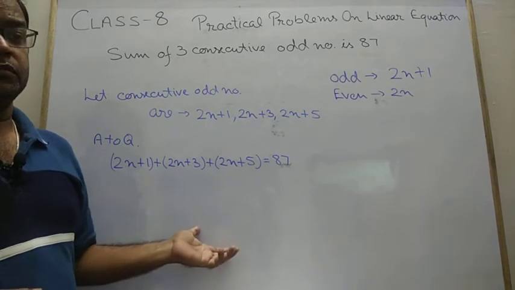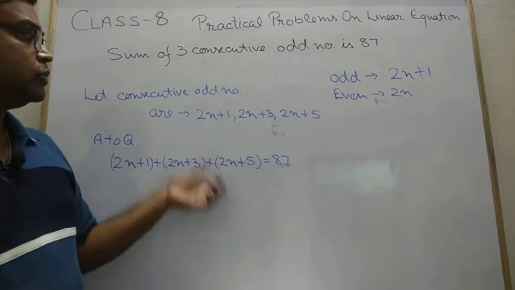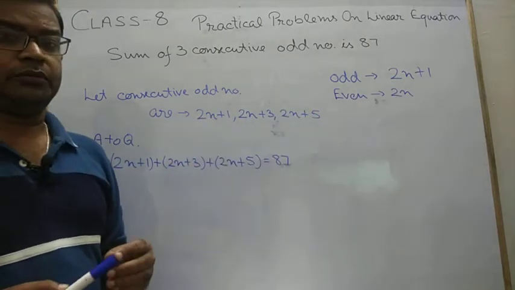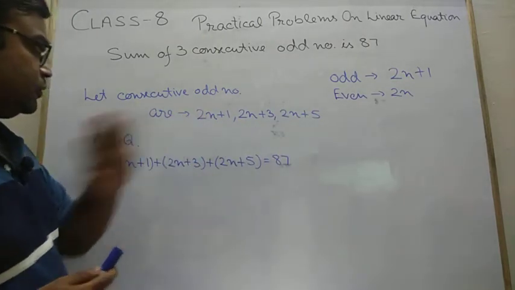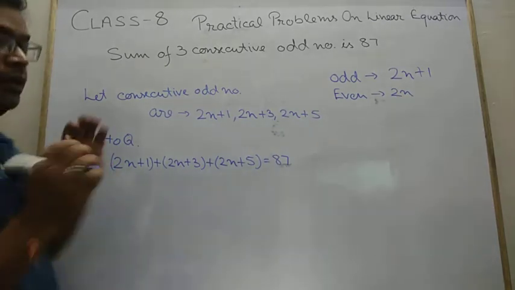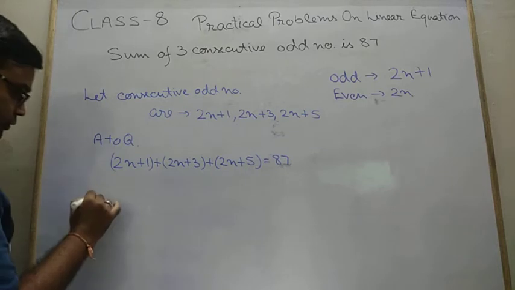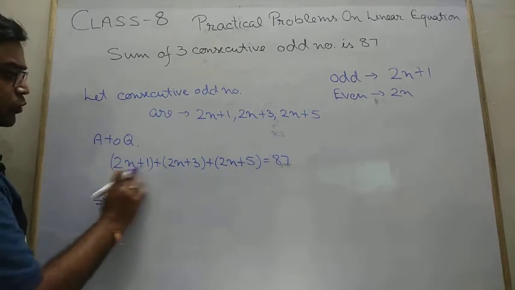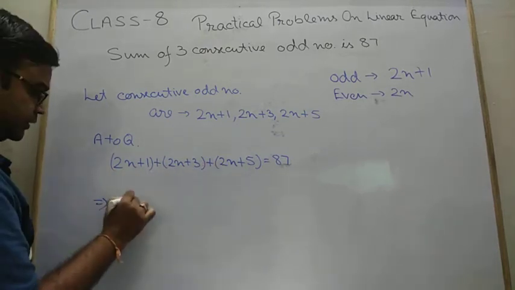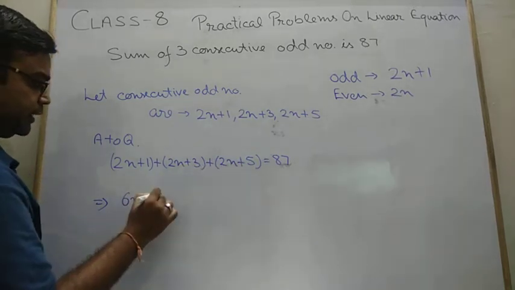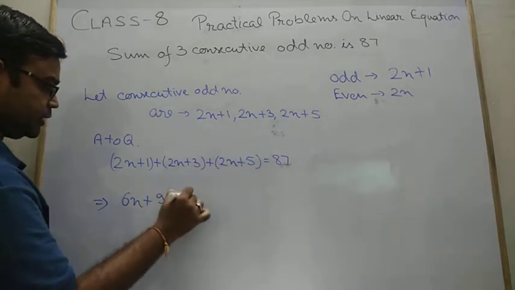Otherwise you can use n plus 1, n plus 3, n plus 5. That one is also fine, but I am solving it like this. So 2n plus 2n plus 2n gives 6n, plus 1 plus 3 plus 5, which is 9, equals 87.